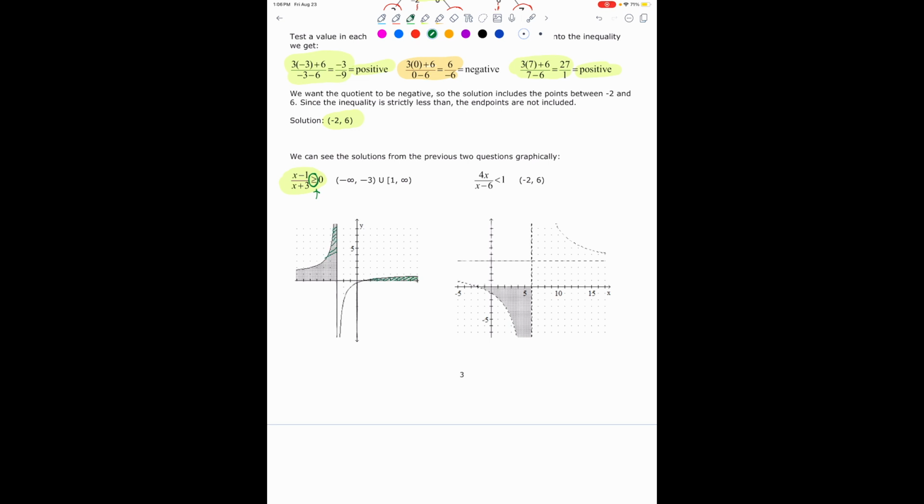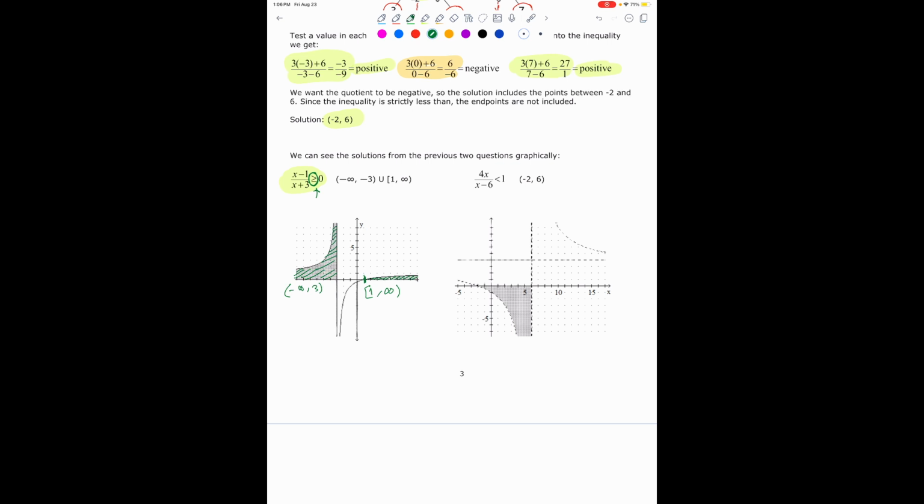So the area between the function and the x-axis is basically the solution. If you notice, the solution is from 1 to positive infinity, and from negative infinity to 3. You can tell that graphically.